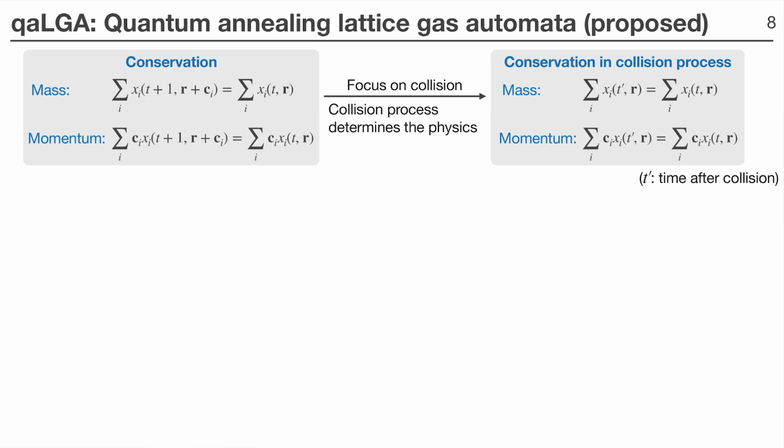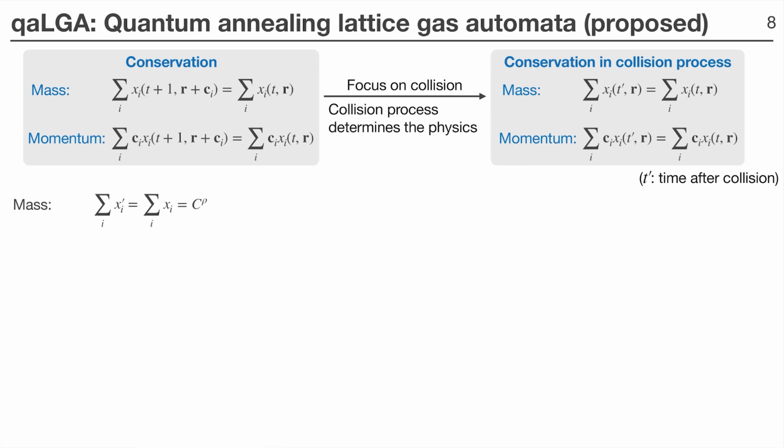What we want to get is the particle state after the collision at the same location. So we make the QUBO using these two equations. The same equation here, but instead of writing xi ti prime r, I simplify the notation as xi prime. What we want to get is the particle state after the collision, which is xi prime.